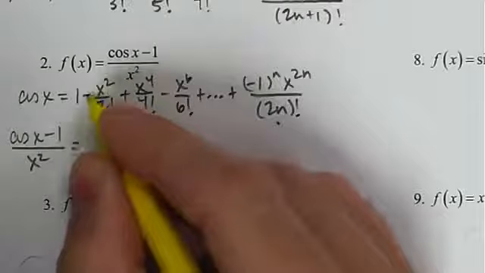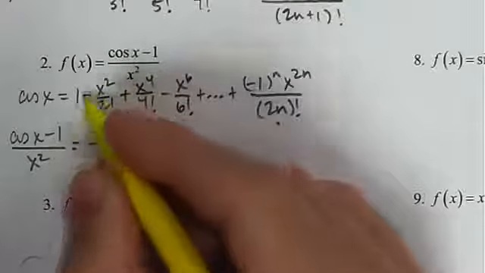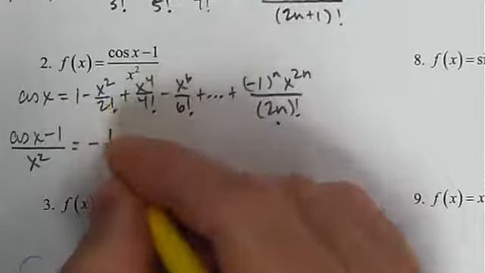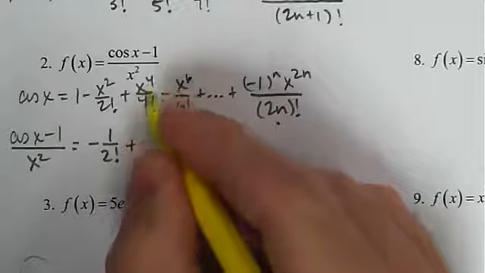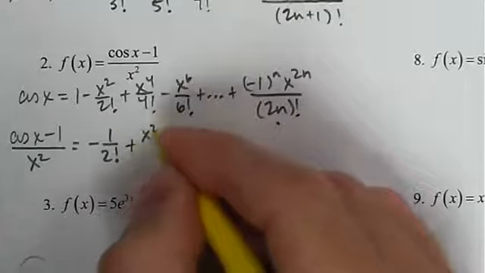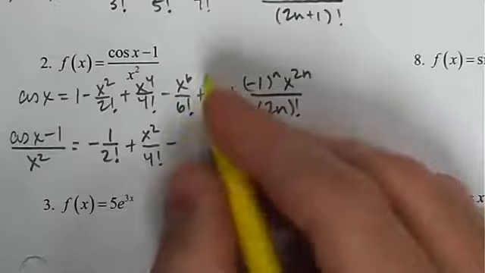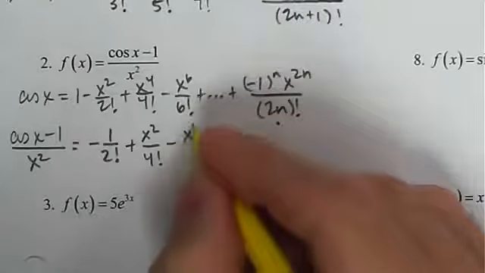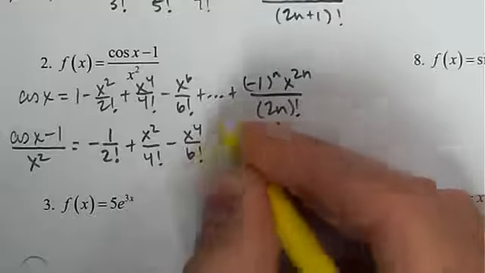Okay, so that's gone. I've got negative x squared divided by 2 factorial, and then I'm going to divide by x squared, so I'm going to have 1 over 2 factorial plus x to the 4. If I had an x squared down in here, I'd have x to the 2, and really what's going to happen is it's going to reduce the power by 2 on each of these terms. Okay.